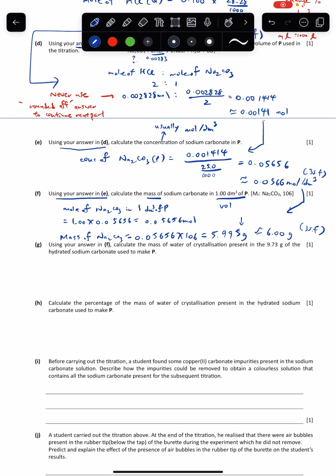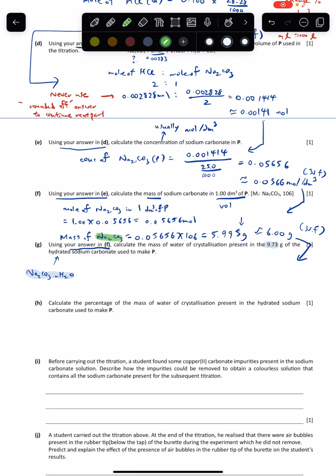Okay, next one. Using your answer in F, which is this. Sure. So you look at this and you go like, what in the world is happening? In part F, you have Na2CO3. Then they say you have the mass of this thing, Na2CO3.nH2O. Meaning this whole thing is 9.73 gram.